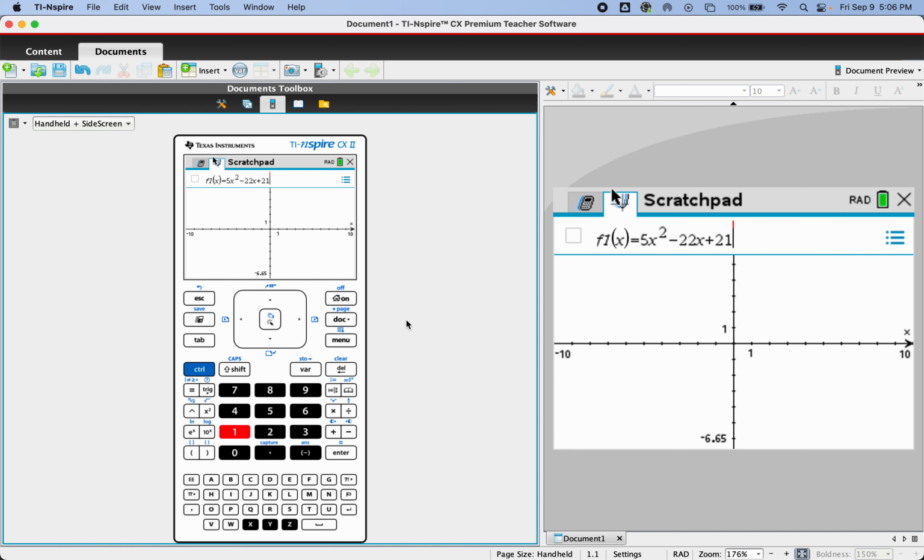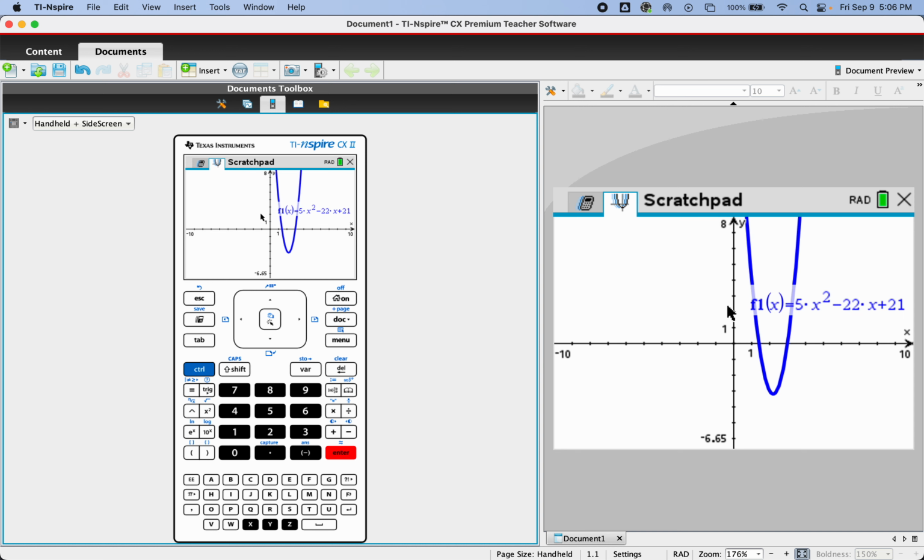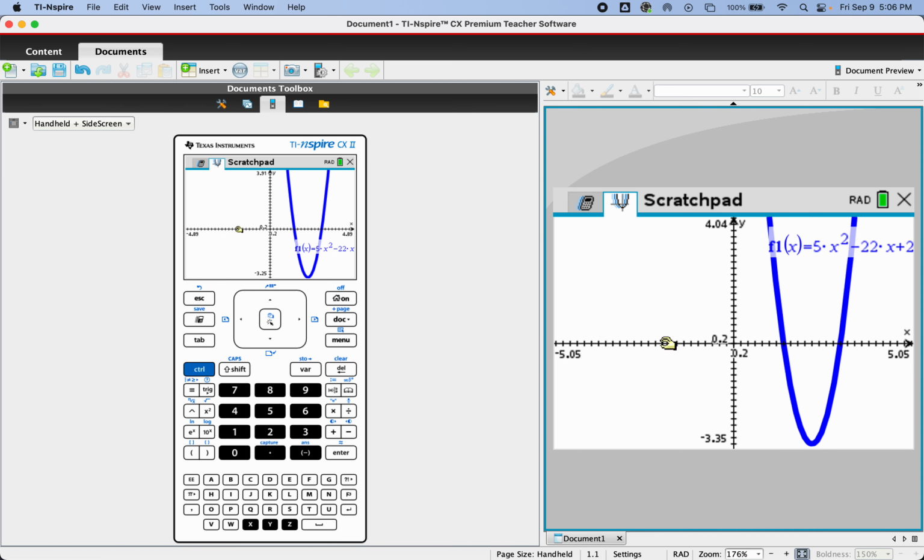Then I'm going to push enter, and sometimes we might need to adjust this graph, because the key using this technique is we want to be able to see where it crosses the x-axis. We can see that now.